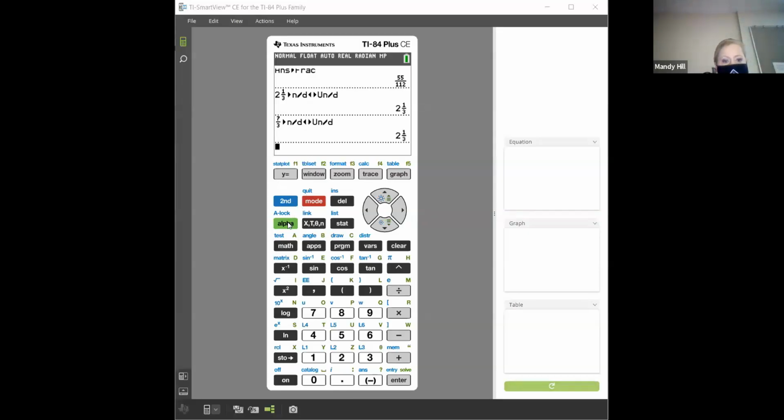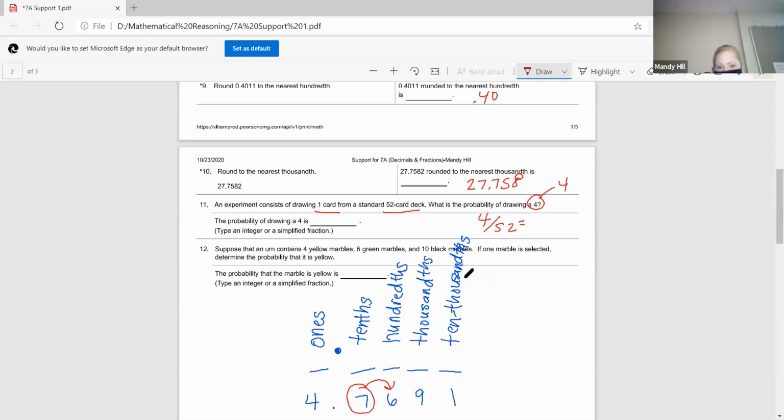So I'm just going to do alpha y equals, hit enter, 4 over 52, and it says it's 1/13, which kind of makes sense if you know anything about cards because they're divided into groups of 13. Your clubs has 13 cards, including the jack and your spades and all of that stuff, right? So it makes sense that this is equal to 1 out of 13, and that's the answer.